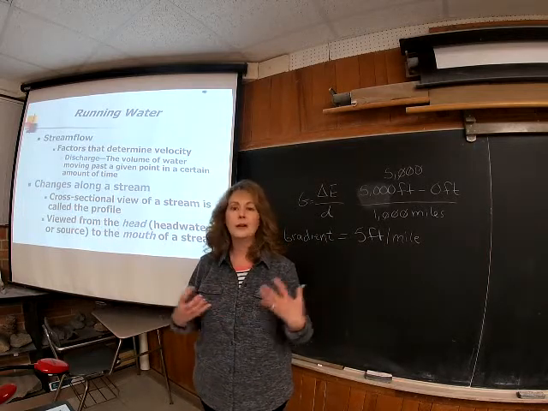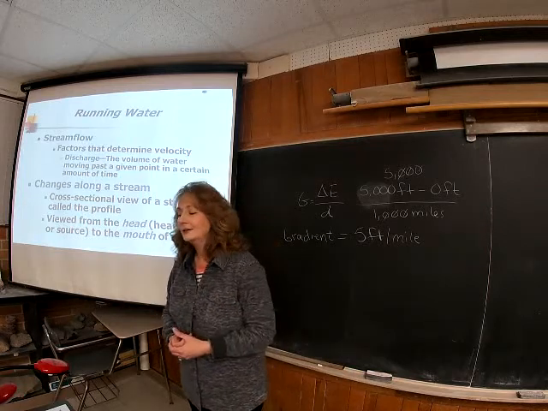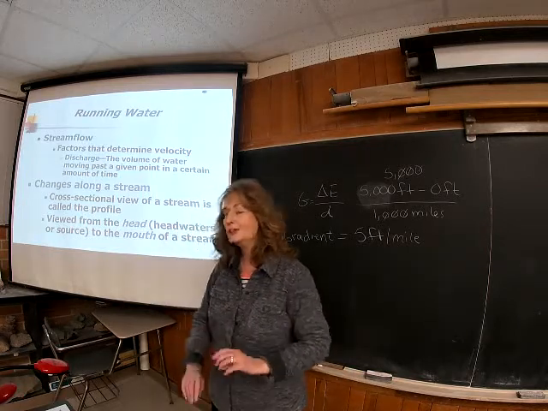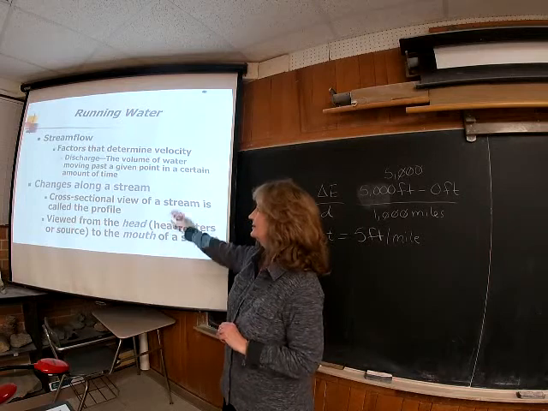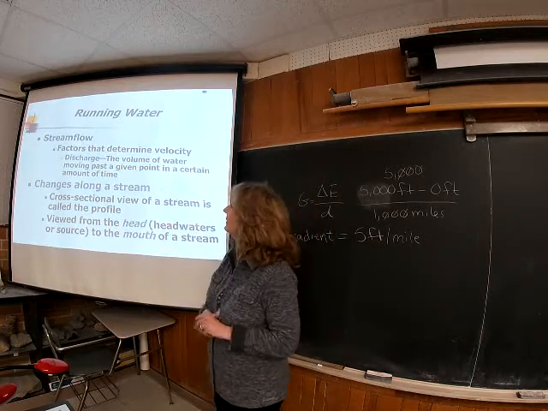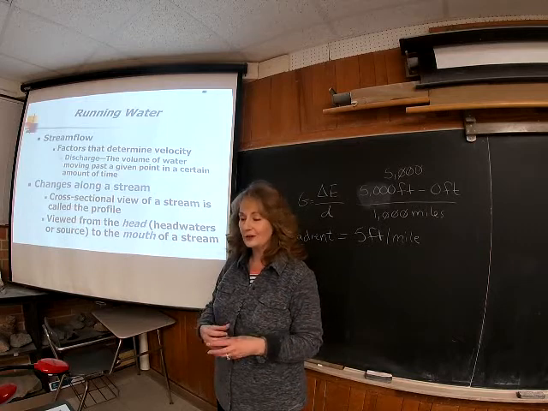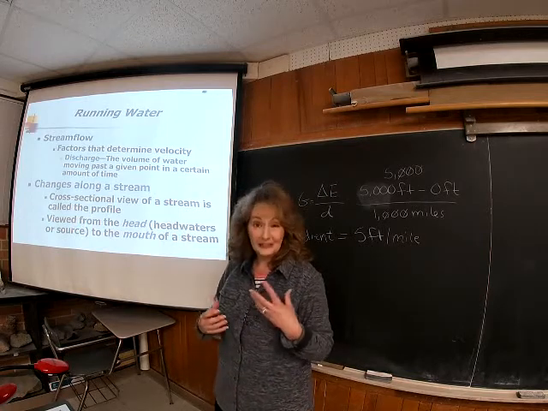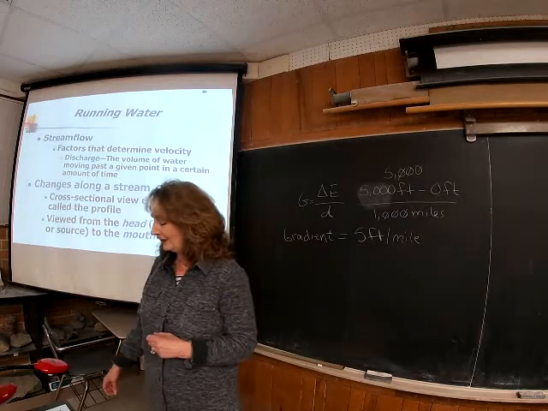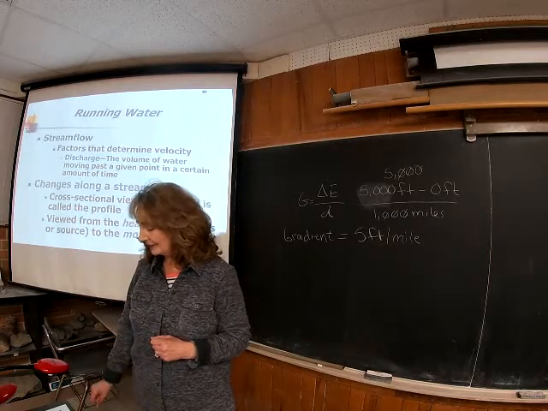So the more volume you get, that's going to push that material a little faster. So the volume of water moving past a certain point is known as the discharge of the stream. Of course, a larger discharge is going to give you a larger velocity.